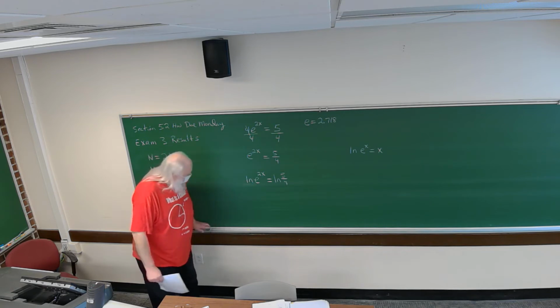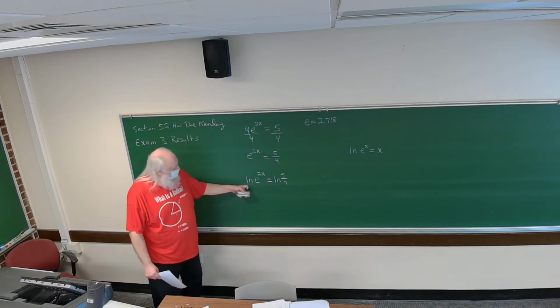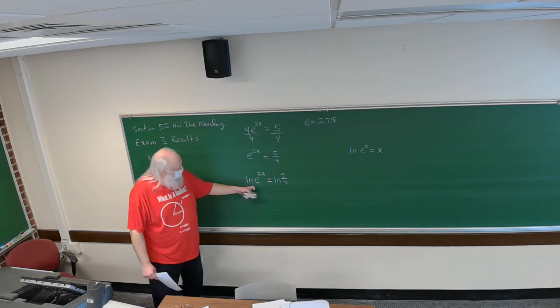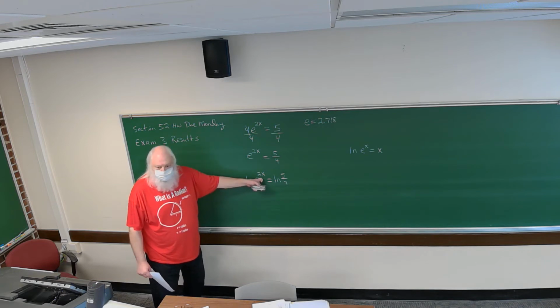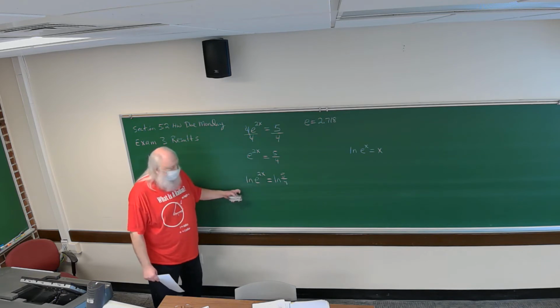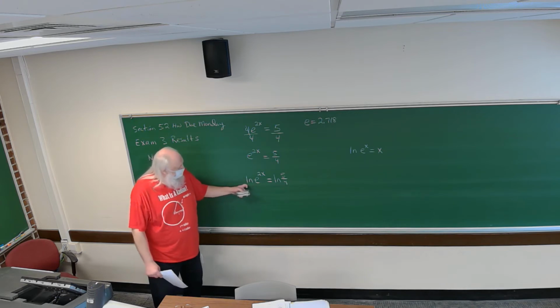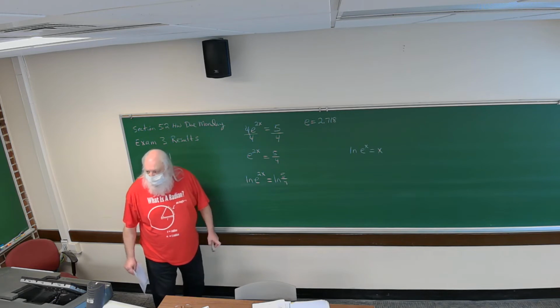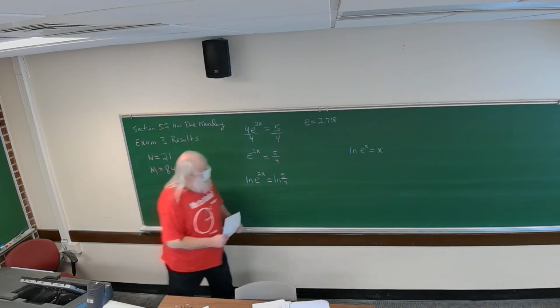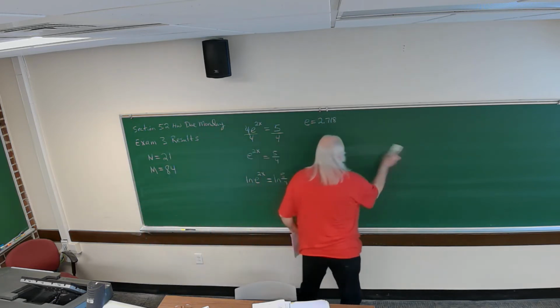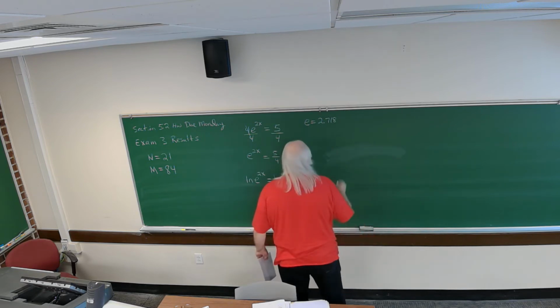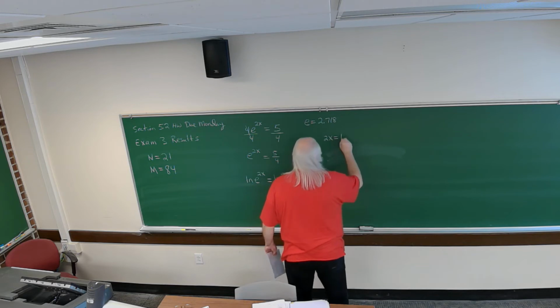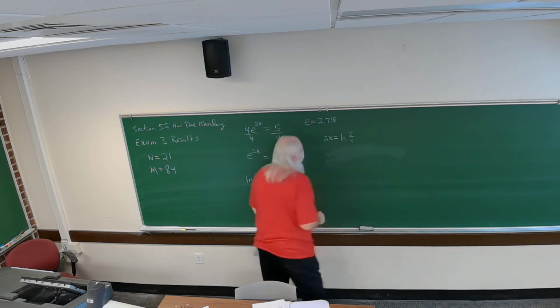And now, properties of the natural log function. The left-hand side is just equal to the exponent 2x. So you can think that the natural log function and the natural exponential function cancel each other or undo each other. And so we're left with 2x on the left is equal to the natural log of 5/4 on the right.